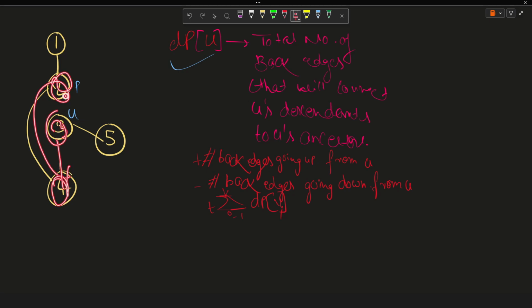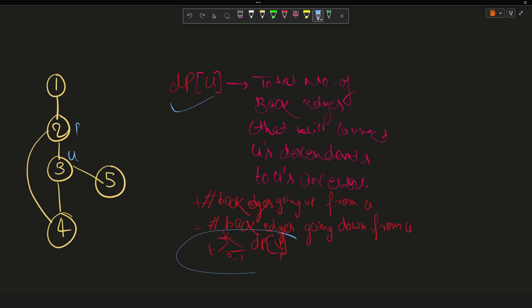So we were able to reach from 2 to 3 through this back edge. But if this back edge was not present and we had removed this edge, then we would not be able to go from 2 to 3 or 3 to 2, that is, it was a bridge in this case. So that's why this is helping us in order to connect u or reach u from p, or from p to u, via this back edge which is originating from the child of u. So that's why this positive sign for every child.